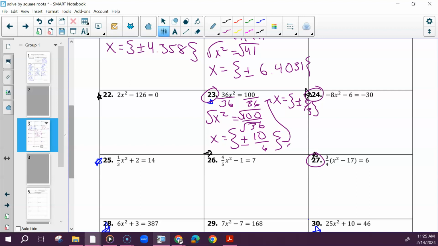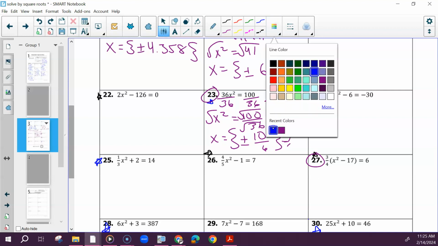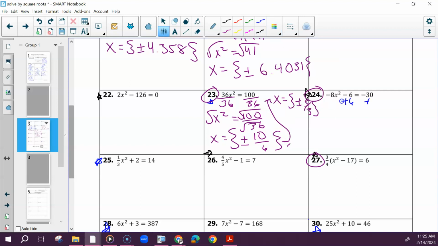For 24, what's our first step? Add 6. We have negative 8x squared equals negative 24. And then divide. Be careful with your negatives. This would become a positive, so we're not going to get no solution.